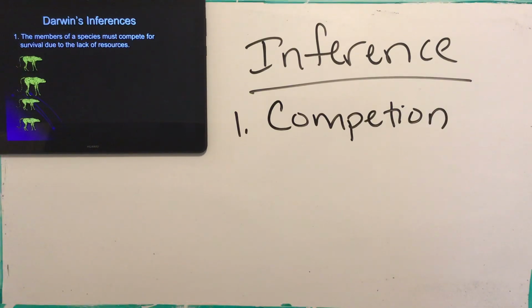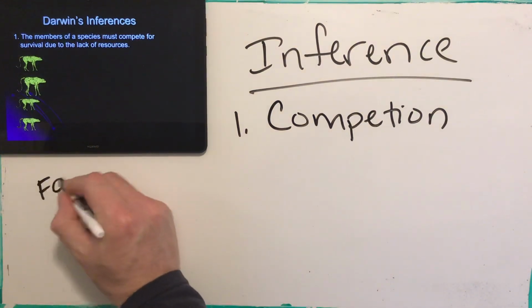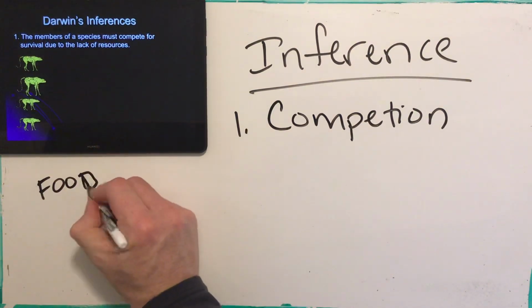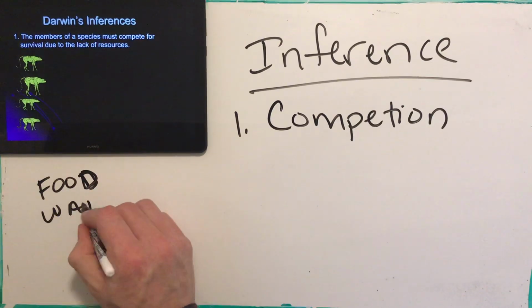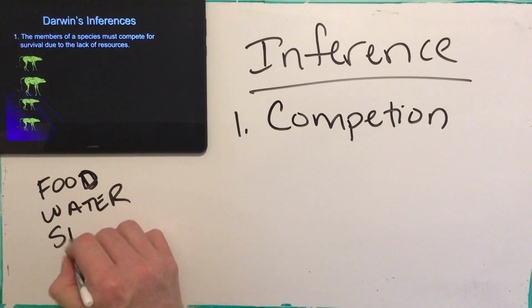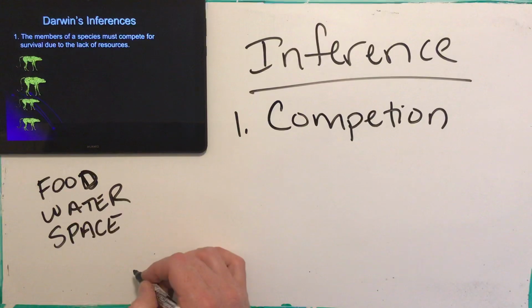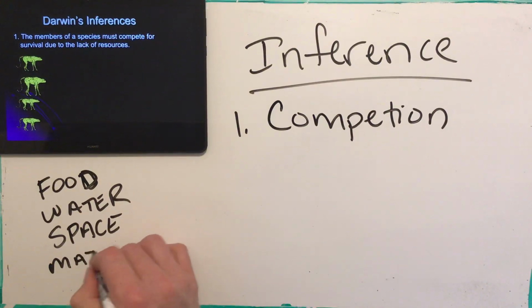Think of Mother Nature. Every day, she's standing there with that checklist on a clipboard, saying, hey, you've got to do the following. You've got to be able to get food. You've got to be able to get water. Do you have a space to live in, a shelter of some sort? Do you have a mate?